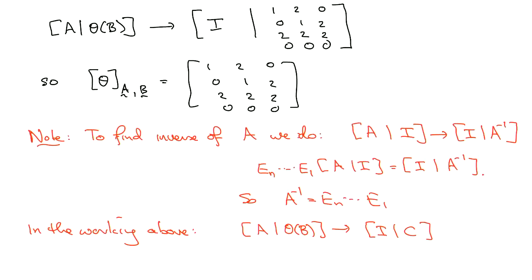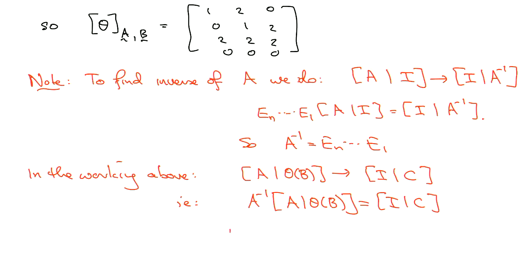The thing that performs those row operations is multiplying by this inverse, the product of these elementary row operations. So in other words, there's an equation here: A inverse times this augmented matrix equals IC.